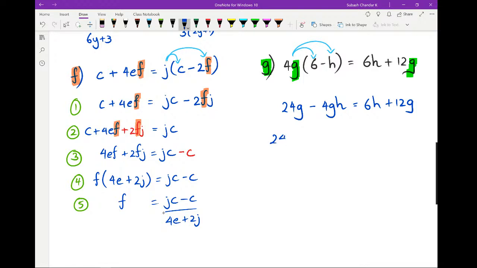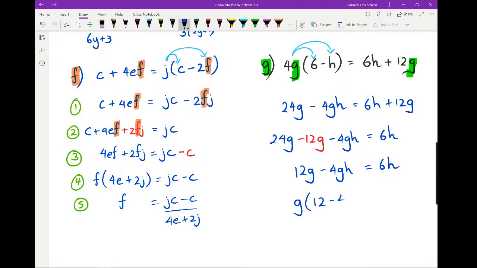When I bring it to the left-hand side, it is going to become minus 12g, because it's positive on the right-hand side right now. And I've got minus 4gh equals 6h. The next step is 24g minus 12g is 12g, minus 4gh equals 6h. Next, I want to have g by itself, so I'm going to take g out as a common factor, which means I'm going to get g times 12 minus 4h equals 6h. And I can see most of you guys did this.